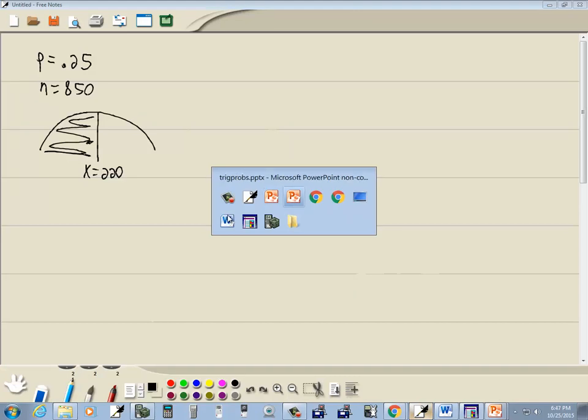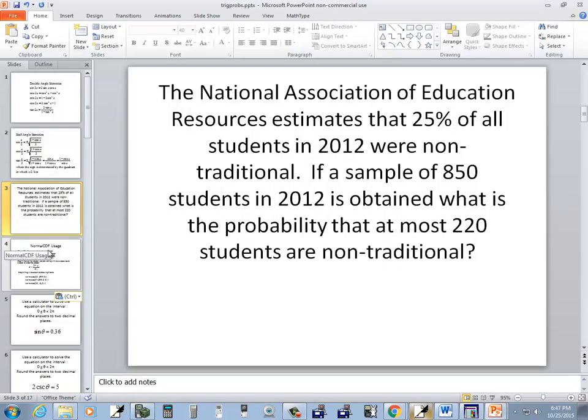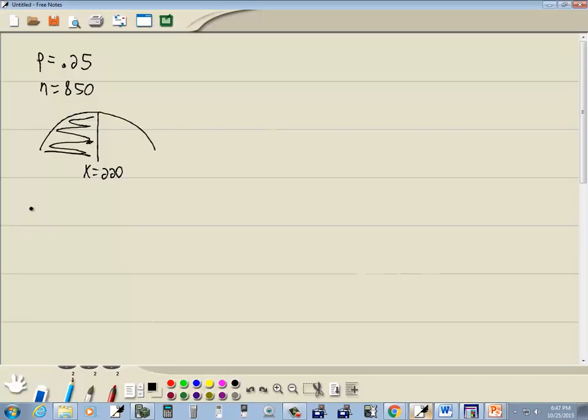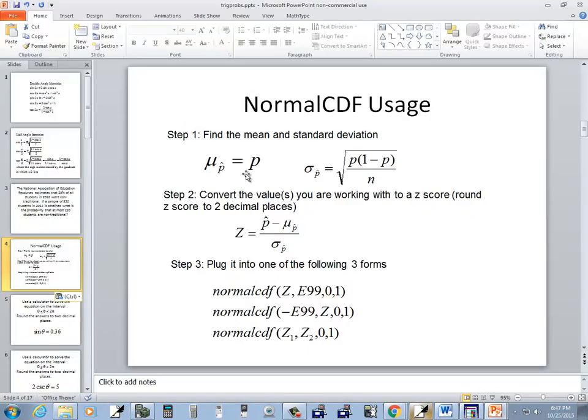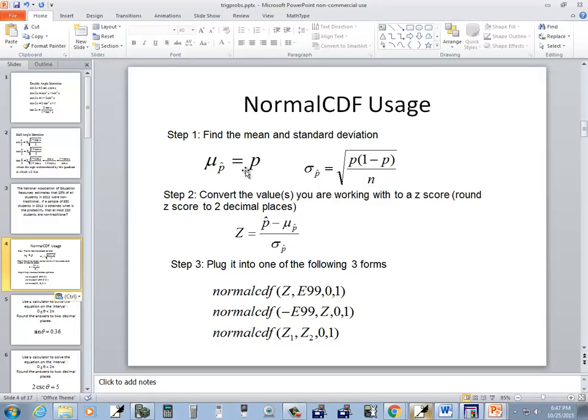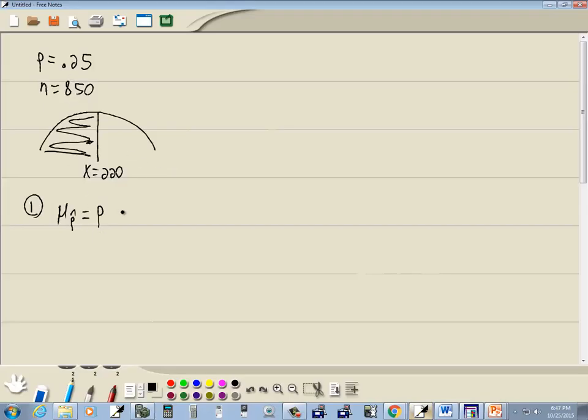let me get back. I'll quit flipping around here in a second. Okay, here's our steps. So step 1. Mu sub p hat is going to equal P. And P is given, so mu sub p hat is going to equal 0.25.